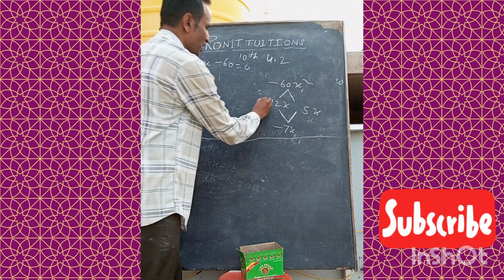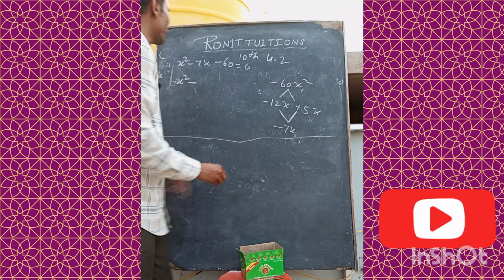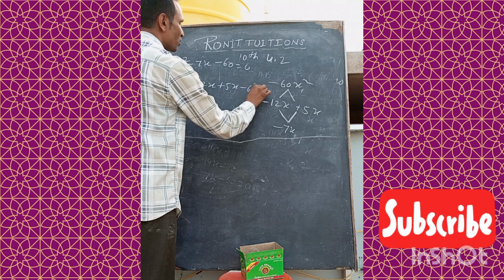If one is minus and the other is plus, minus 12 plus 5 is equal to minus 7. So x square minus 12x plus 5x minus 60 is equal to 0.